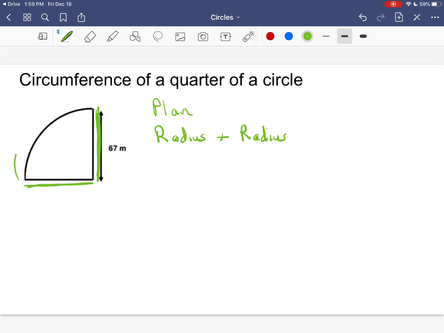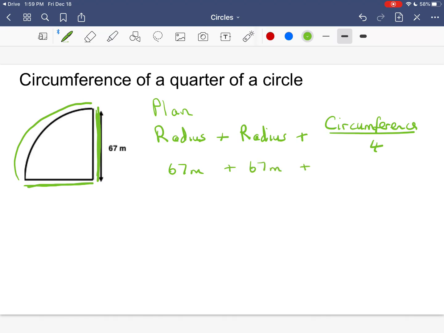And then this is the circumference of a quarter of the circle, so circumference divided by 4 because it's just a quarter of a circle. And so the radius is 67 meters and 67 again.